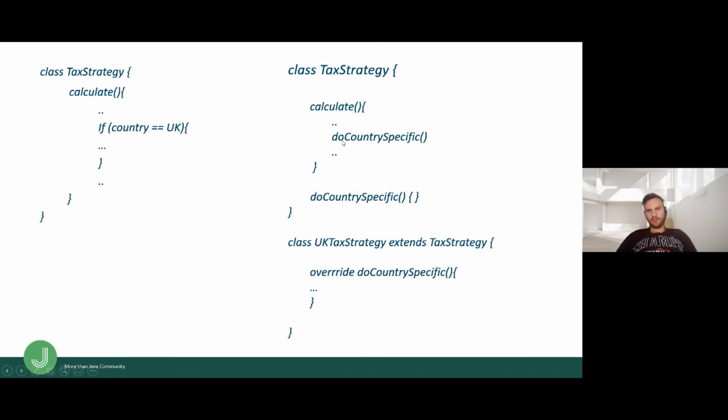For example, here you can have an abstract method with a default implementation in this tax strategy class, which is called inside your calculate method, and you can just extend this tax strategy class and override this very specific logic with your specific calculations.